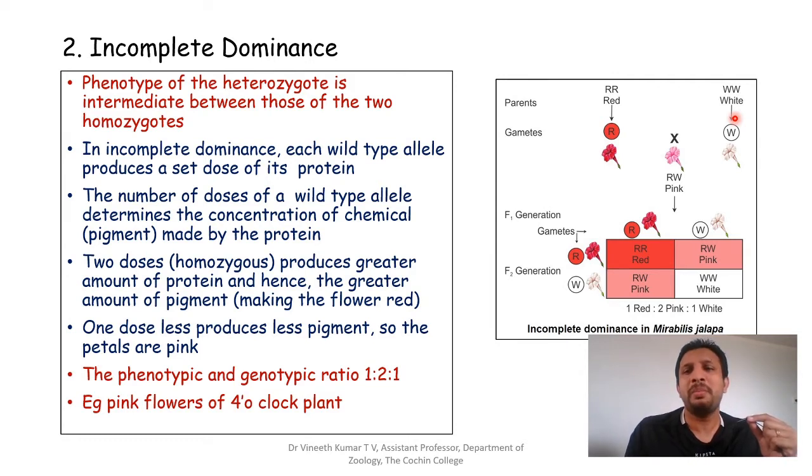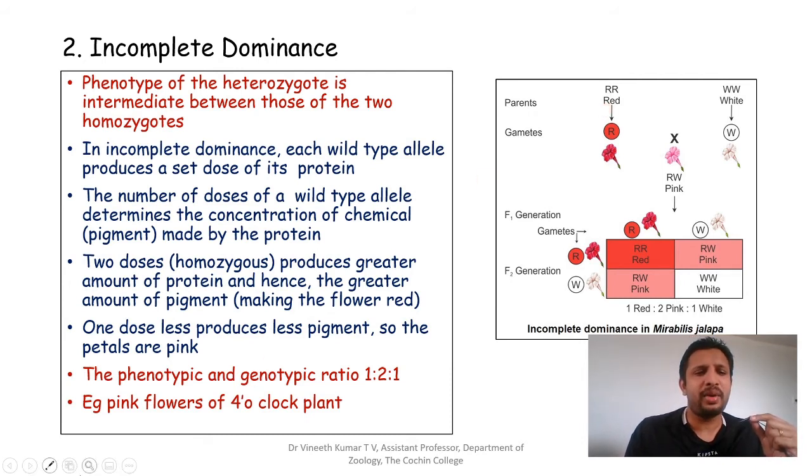But you should remember that usually when you use two alphabets to represent the gene, that indicates that they are two different genes. You might take it in mind that these are two different genes. Actually, these are not two different genes, because we are talking about allelic interactions.